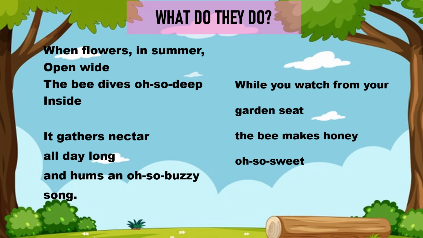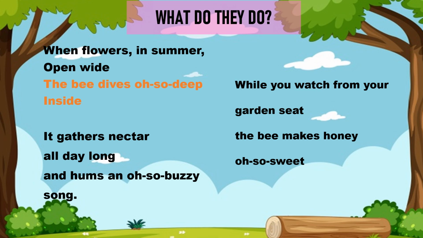Okay, so the next question is what do they do? In order to find the answer for this question, you can look at the third stanza and the fourth stanza as well as stanza number 5. So where does the answer lie in these stanzas? Yes, the bee dives also deep inside. What does it mean?